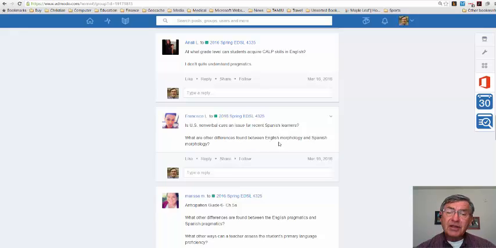Someone asks, what are other differences between English morphology and Spanish morphology? Morphology is the prefixes and suffixes, how words are put together. Someone wrote about the inflections, all the different inflections for the different tenses and all those little suffixes you put on there. They call them affixes, prefixes and suffixes, and you have different kinds of those.